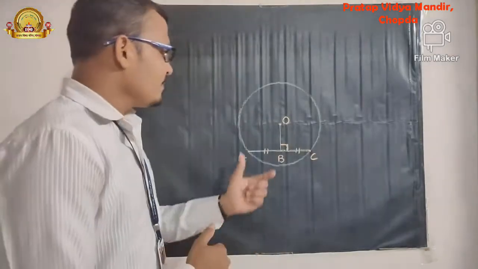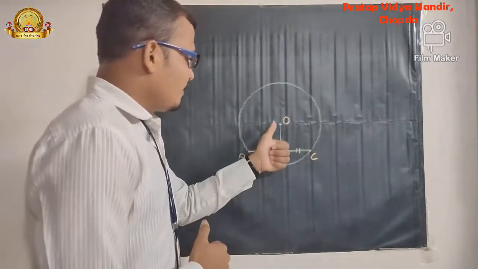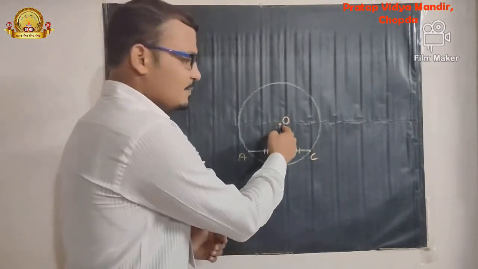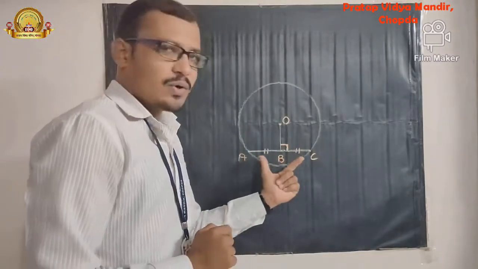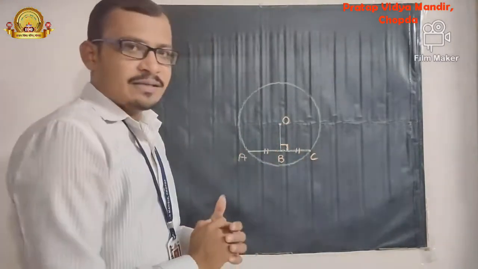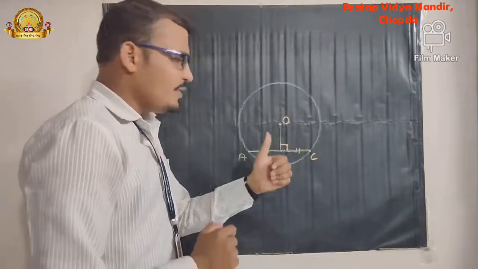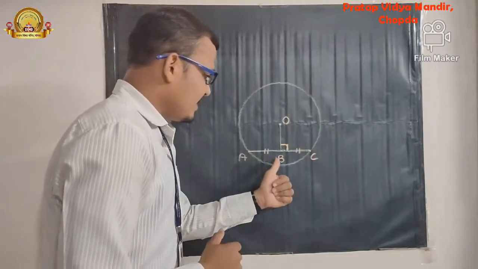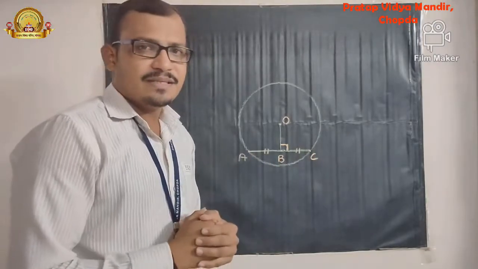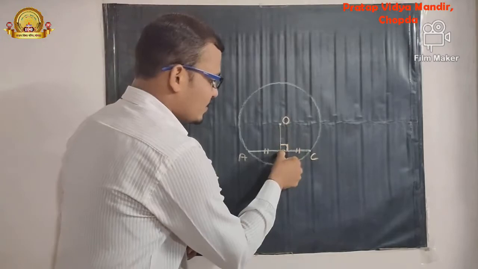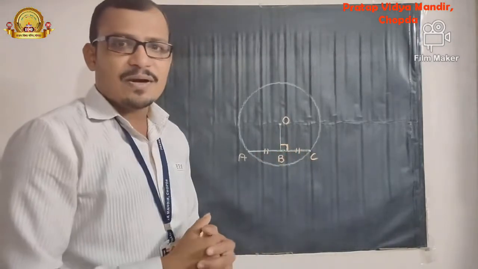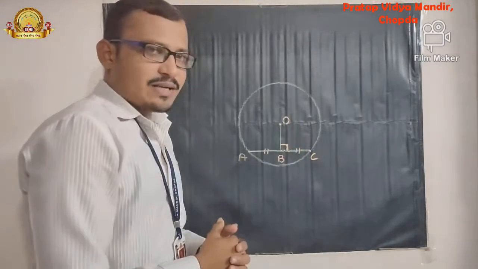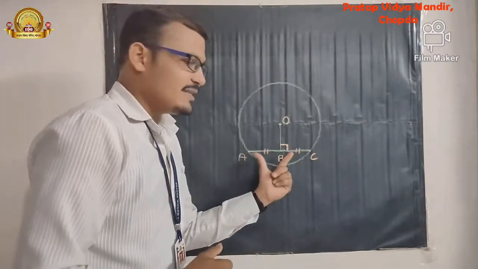For example, in this figure, a perpendicular is drawn from the center of the circle, point O, to the chord at point B, then this perpendicular OB makes two equal parts of the chord, that is AB equals BC. It means that this perpendicular OB bisects the chord, and hence a perpendicular drawn from the center of a circle to the chord bisects the chord.